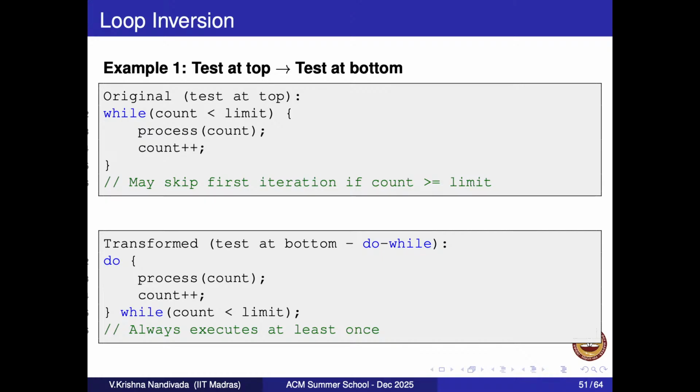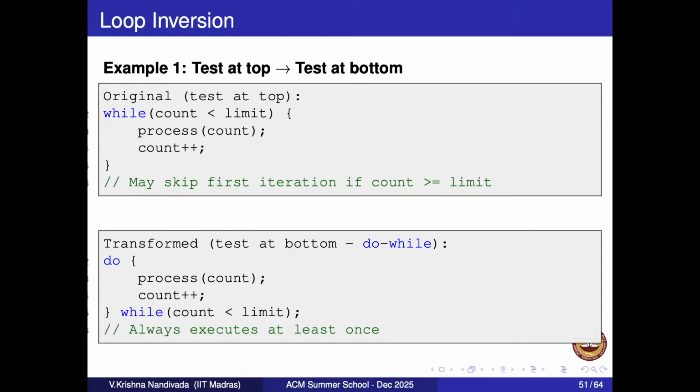Wait. What happens here? This is one branch. This is only once. And then there is a branch. How many branches? If the code is executed n times, n. Voila.